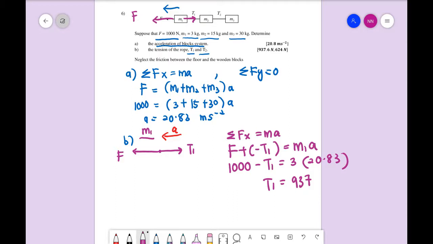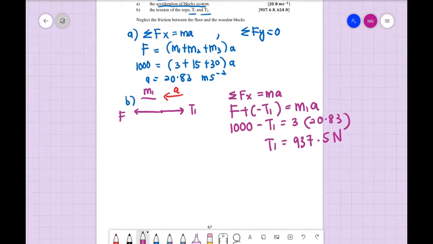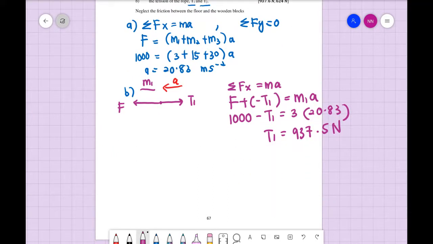So it equals 937.5 Newton. T1 equals 937.5 Newton.